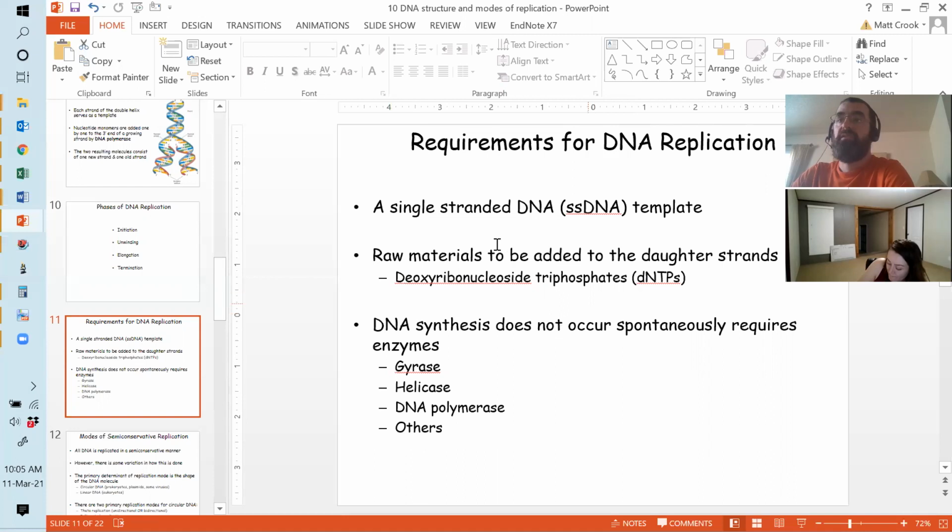These last 2 points are one of the main reasons why you have the gap phase in gap 1, in cell division, because you have to make all of these, right, before you can actually synthesize DNA. So that takes time and energy.